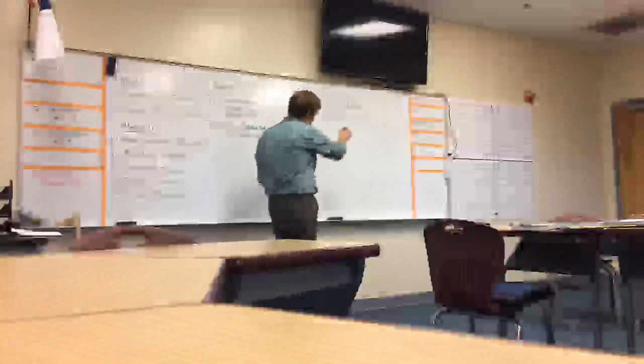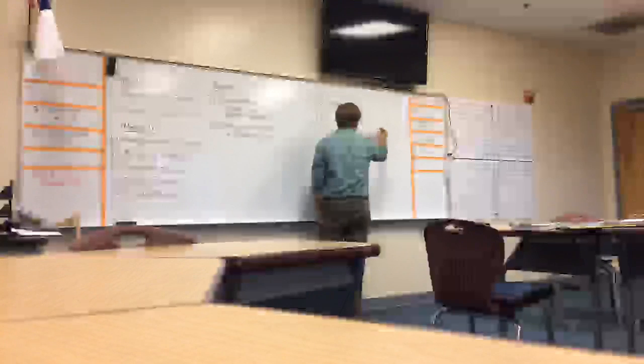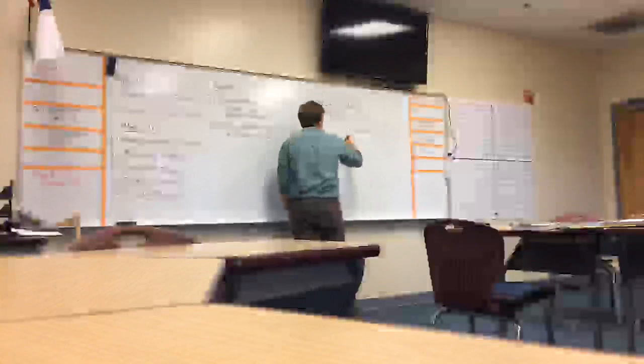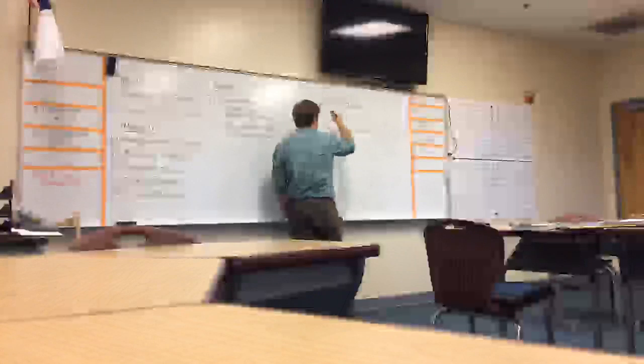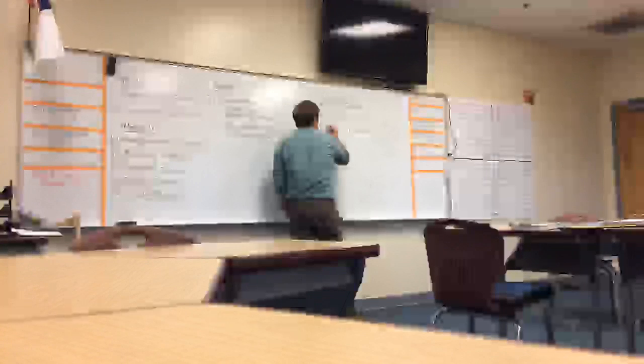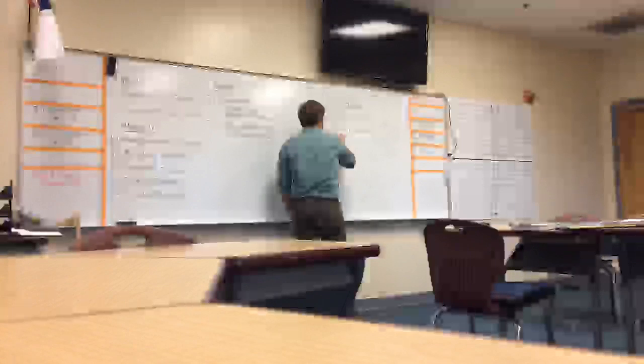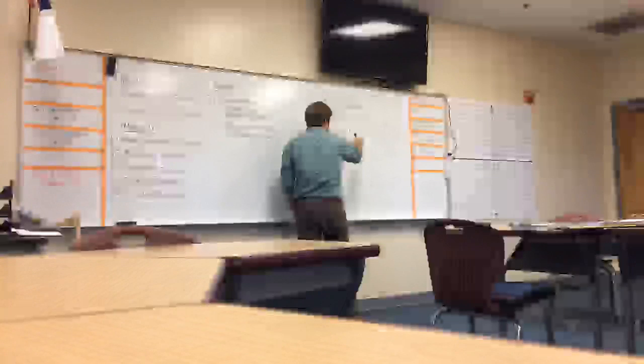So this factors into x plus 2 and x plus 1, plus this factors into x squared and x plus 2. So now I have a common factor of x plus 2.